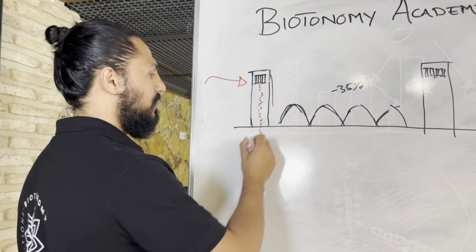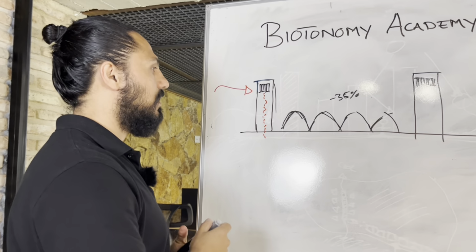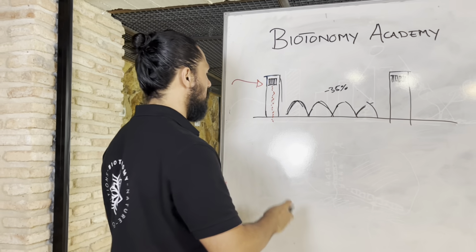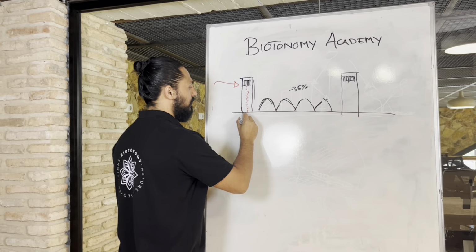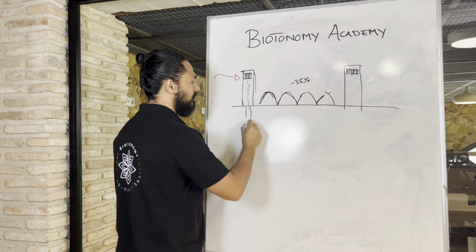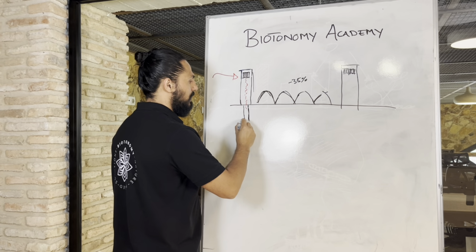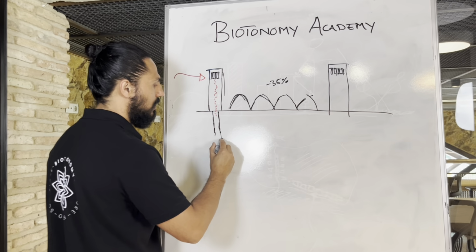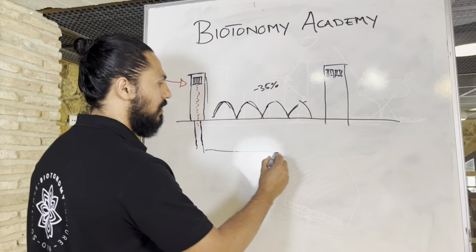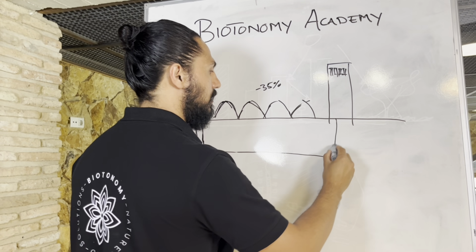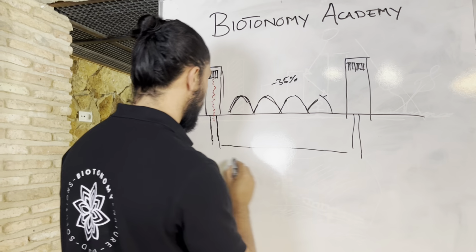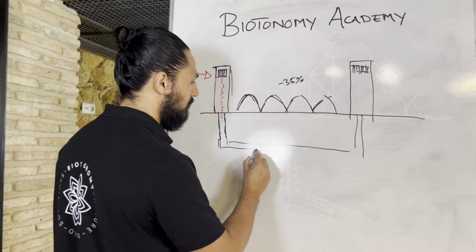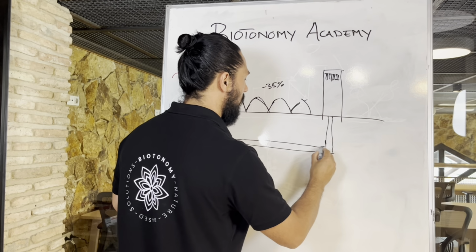And then under the ground, they would have cooling tunnels. They would dig tunnels, and many times they would go pretty low, so low that they would almost hit the groundwater.